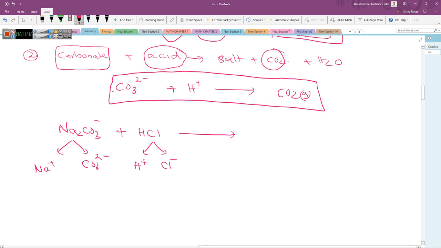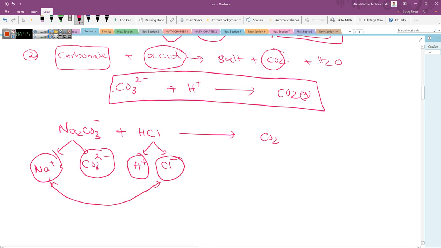So this carbonate and H plus will produce CO2 gas, and we have Na plus and Cl minus. So NaCl will be produced as salt, and during an acid base reaction, this is an unwritten rule, water will anyways be produced, right? So when you balance the equation to equate the number of oxygen, we will have to put H2O. So when we balance the equation, automatically water will come.